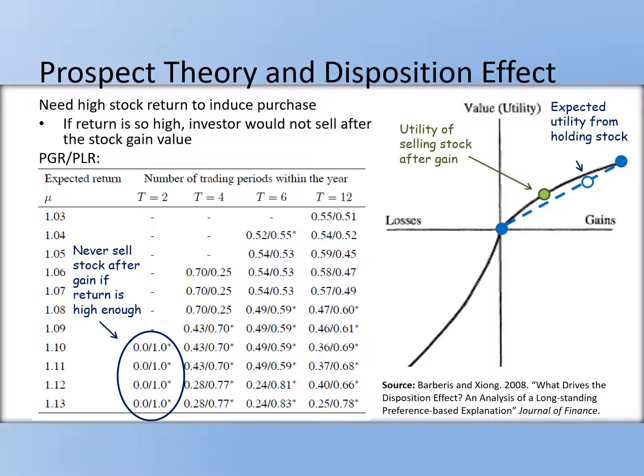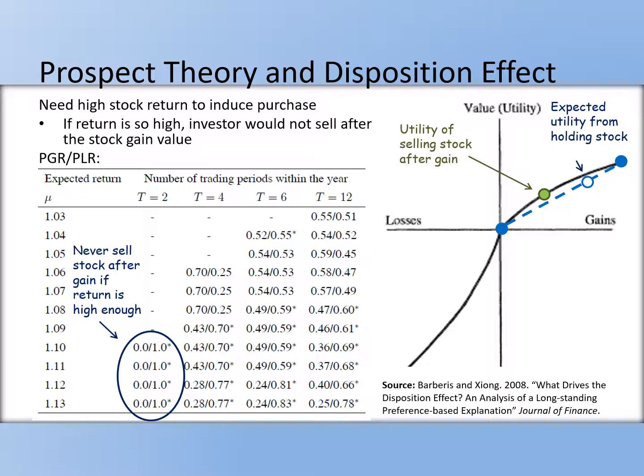If it's a binary choice, if you only can choose buy or sell, but cannot choose how much to sell, then you would not want to sell because you have become more risk seeking. But if I give you the option of how much to sell, it's actually optimal to sell a tiny bit.